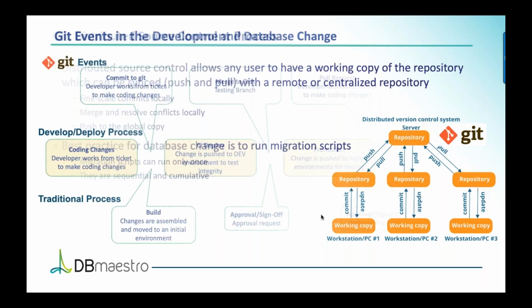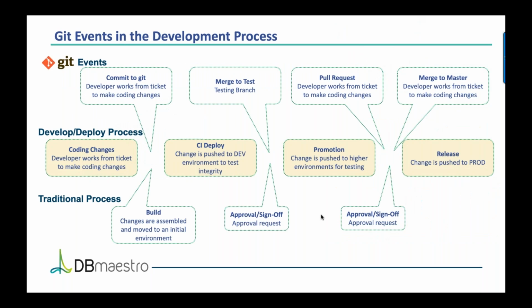So if we look at some of the events that go on here, right? If you're used to building code, you're going to code some changes and this and that, and then you're going to do a build. And if you're in the advanced world of CI, I'm saying that sort of tongue in cheek, but you never know.